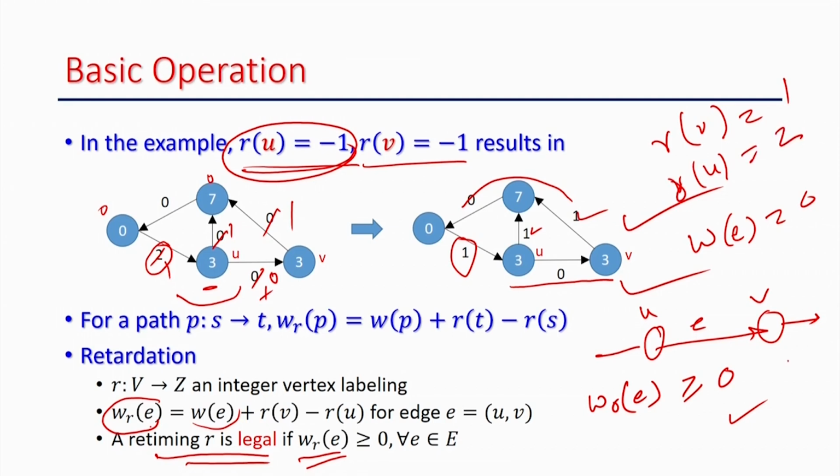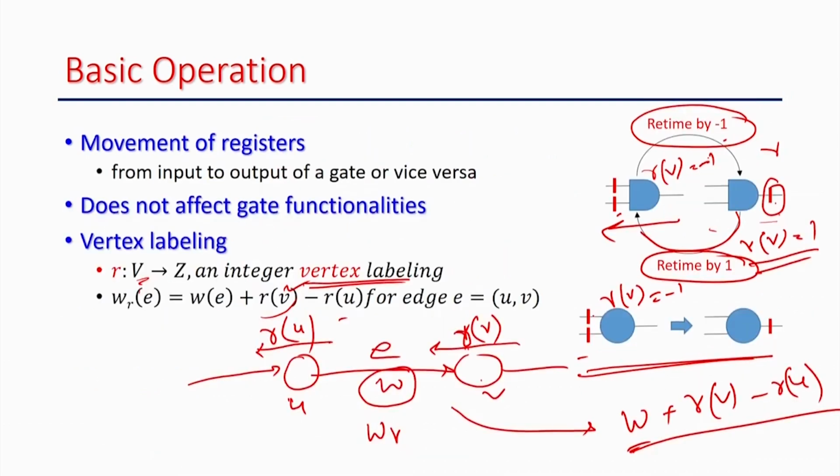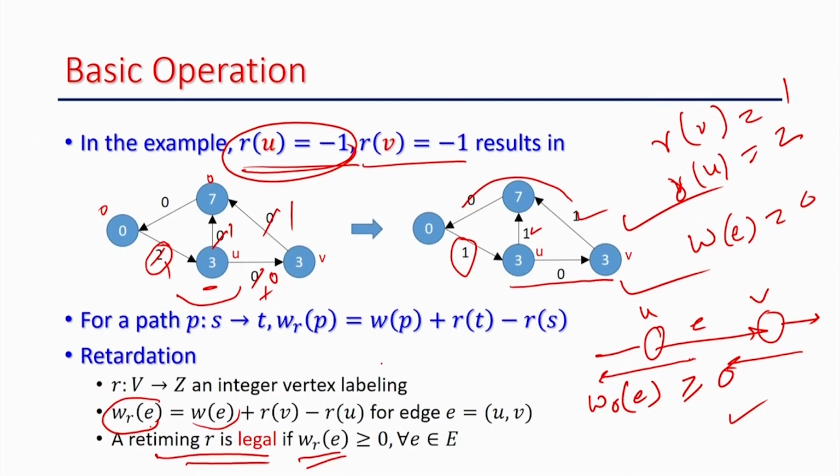You are saying that the number of registers coming in here is 1 and the number of registers going out from this is 2. So, finally, the final value of this register is given by what I already discussed, W plus R V minus R U. So, that is, W_R is nothing but W of E plus R V minus R U, right.